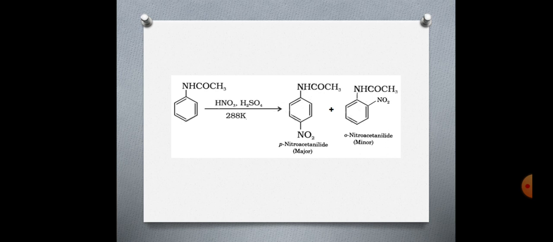The group NHCOCH3, on treatment with HNO3 and H2SO4 at a temperature of 288 Kelvin, undergoes nitration and NO2 is introduced at the ortho and para positions. There will be steric hindrance at the ortho position, so we consider ortho-nitroacetanilide as a minor product and para-nitroacetanilide as a major product.